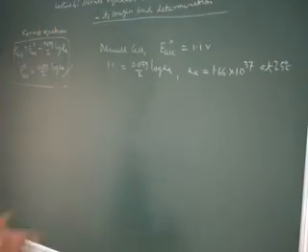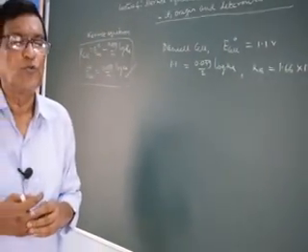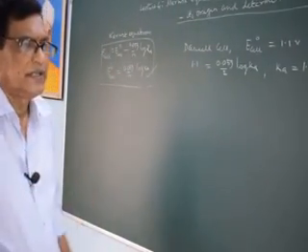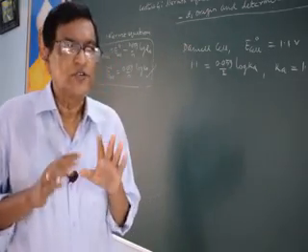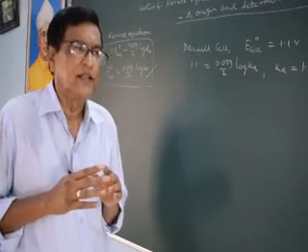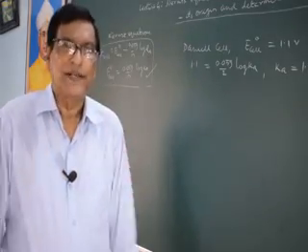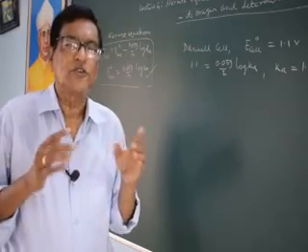Now I shall try to explain how a single electrode potential could be determined experimentally. It is better to know that it is not possible to determine a single electrode potential by means of any instrument, as a single electrode reaction does not occur.